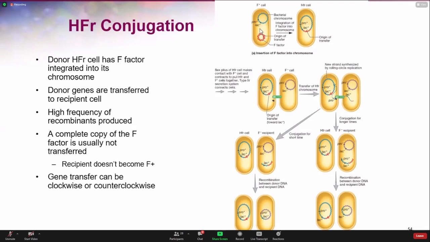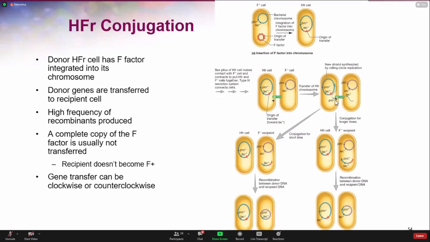coli, a region that corresponds to these two genes, all right? So the Pro plus and the LAC plus means that these two genes are wild type in this original donating strain, or the donor strain. And in the recipient cell, this cell was mutant for both of those genes.